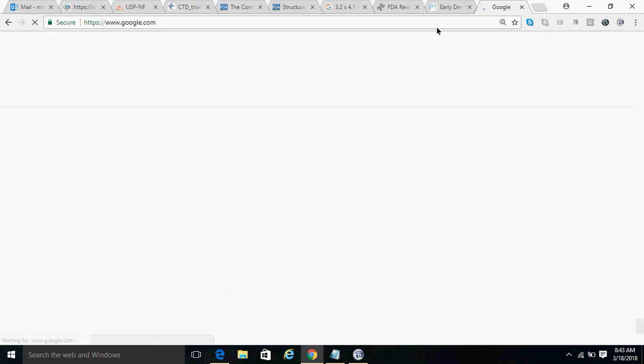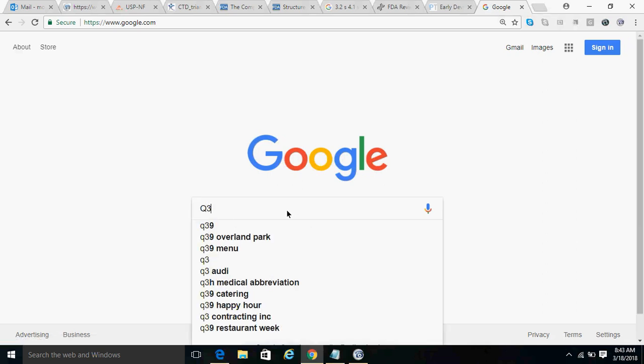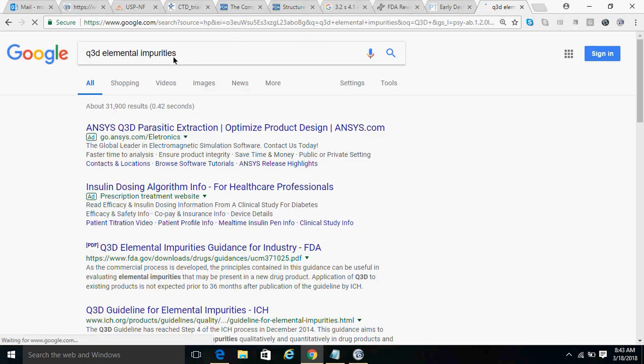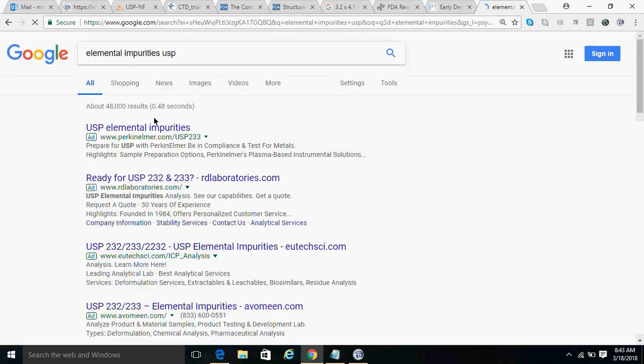For example, I'm doing elemental impurities, Q3D. Just type ICH guidelines for elemental impurities, or elemental impurities USP if you are doing it for USP.